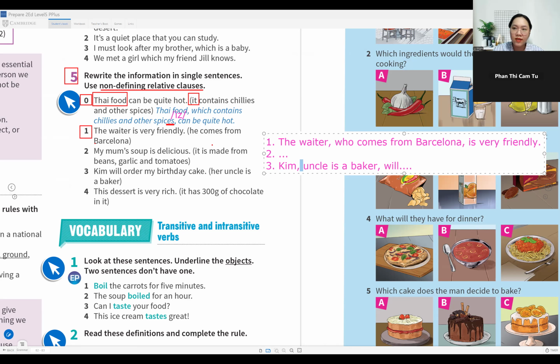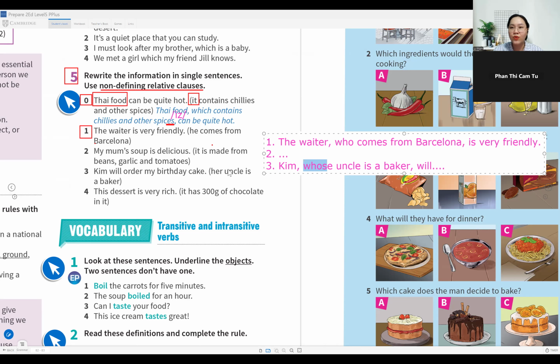So for this one, you said the word who or whose. Kim and uncle, there is a relationship between them, right? So her uncle, the possession, we will use whose.